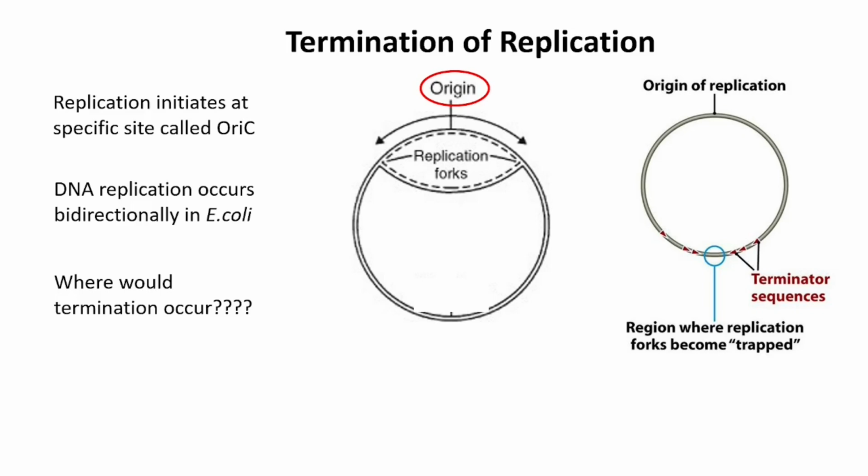If there are specific sites for origin of replication, maybe there ought to be specific sites for termination as well. But where would those termination sites be in the genome? That is where the two forks would meet. These termination sites should be strategically located on the chromosome diagonally opposite to the origin of replication.